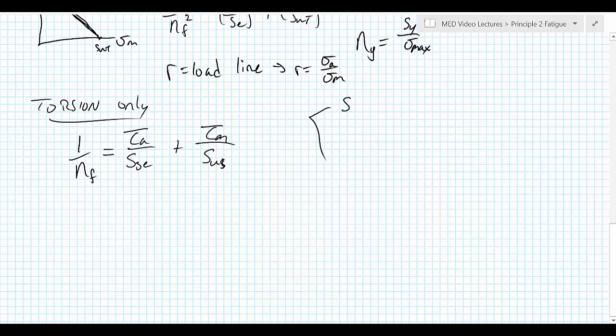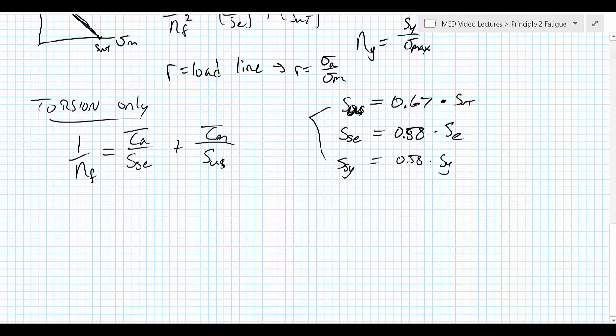The shear ultimate strength, SUS, is about 0.67 times the ultimate strength in tension. This is based on von Mises stress, by the way. The shear endurance strength is 0.58 times the endurance strength in tension, and the yield strength in shear is generally about 0.577 again of the yield strength in tension.